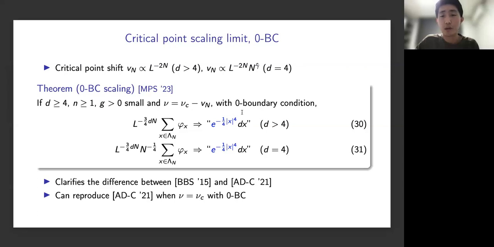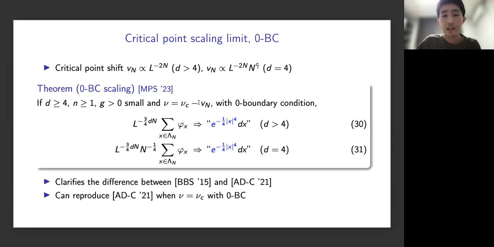We look at the zero boundary condition case, and we see that when nu is equal to nu c minus a specific value we call Vn, the hierarchical phi-4 model shows exactly the same type of behavior, not a scaling limit, as we have seen for the periodic boundary condition and nu equal to nu c.